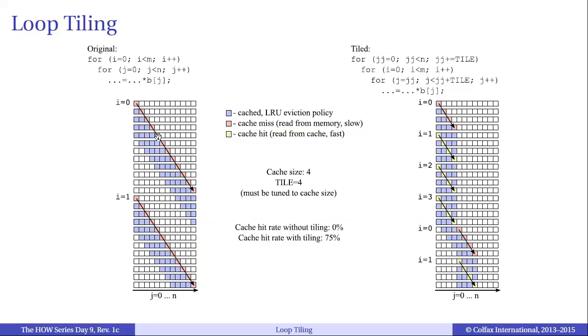At some point, I will reach the capacity of my cache. Suppose that my cache only fits 4 elements. So when I read the fifth element of b, I will have to kick out the least recently used element, which will be b0. And then as I continue reading vector b, I will only store the last 4 most recently used elements. And the beginning will be gone. The beginning of vector b will be gone from cache.